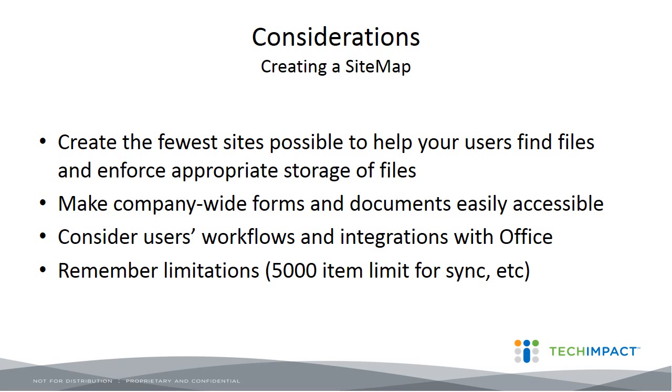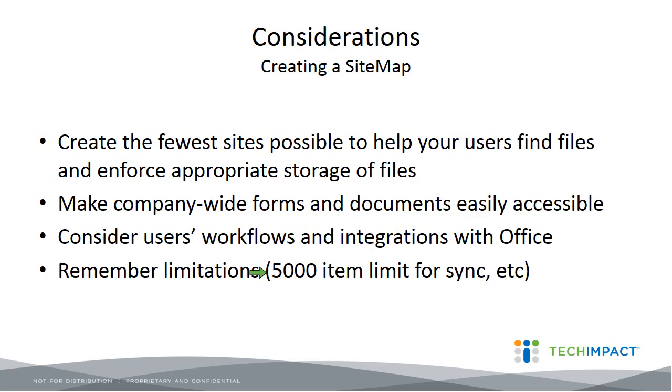And then remember limitations. So one important limitation is 5,000 items per document collection that you want to sync with your local computer. So I showed you OneDrive. I showed you that client that can synchronize files with your local computer. You can use that same client to synchronize files that are in SharePoint, in sort of the shared portion of SharePoint, but only if there's fewer than 5,000 documents in a given document app.